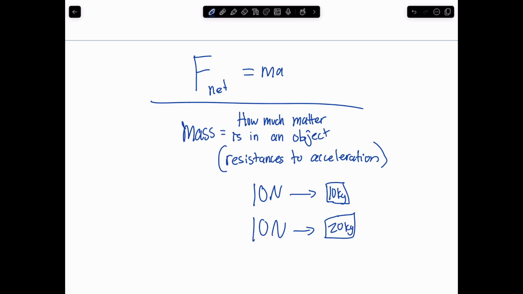Which one will accelerate more? Well, there's more mass in the second box, so there's more resistance to acceleration. So, box 1 will accelerate more. And that should make sense intuitively, because the heavier an object is, the harder it is to make it move.